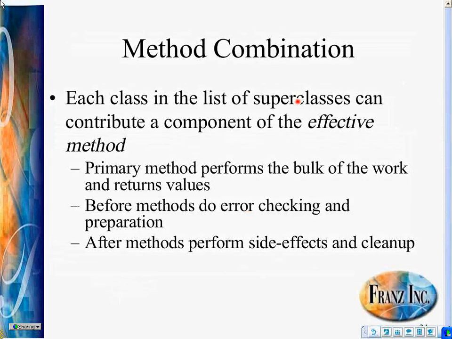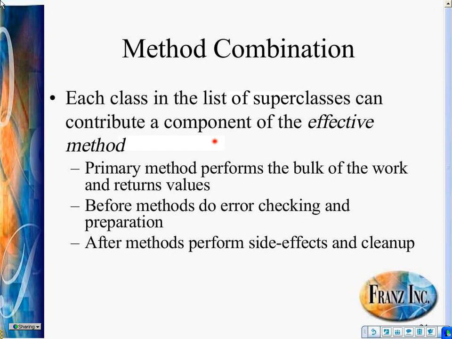Each class in the list of superclasses can contribute a component to the effective method. So when you are calling a generic function on an object, the question is, which of the various methods that have been defined with the name of a generic function is going to actually be called? The name for that is the effective method.